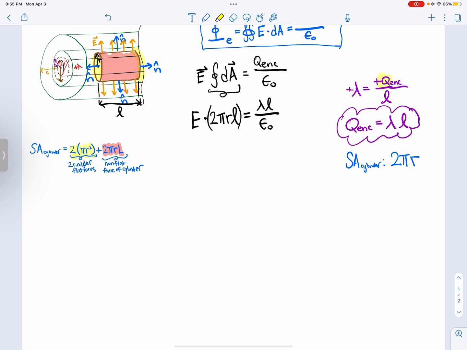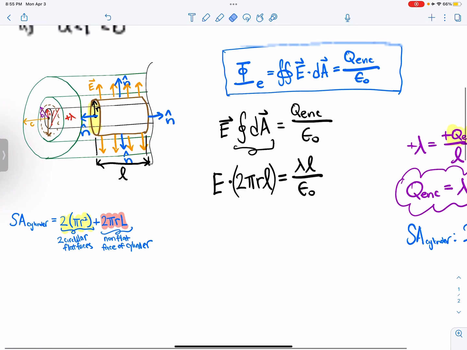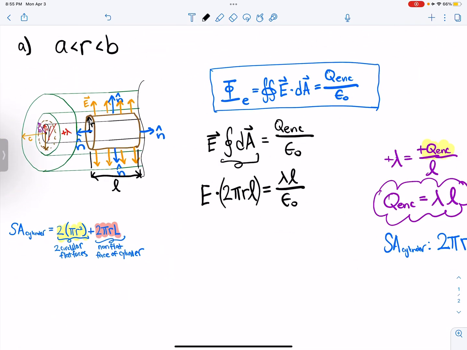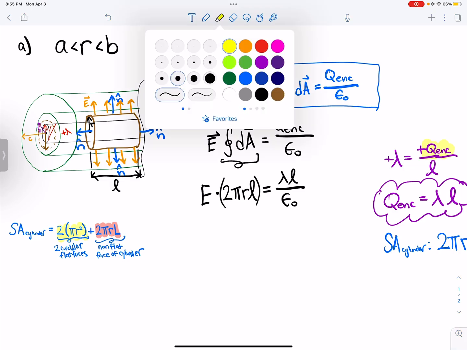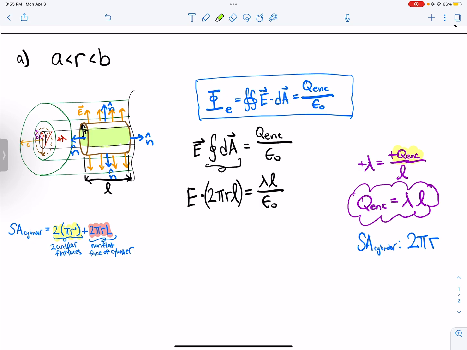And if I want to find my Q enclosed, that's going to be the charge that's enclosed. I'll use green within this part of the inner cylinder, right? And the reason there's a charge there is because this inner cylinder has a uniform charge density of Q over length L, or lambda, right?